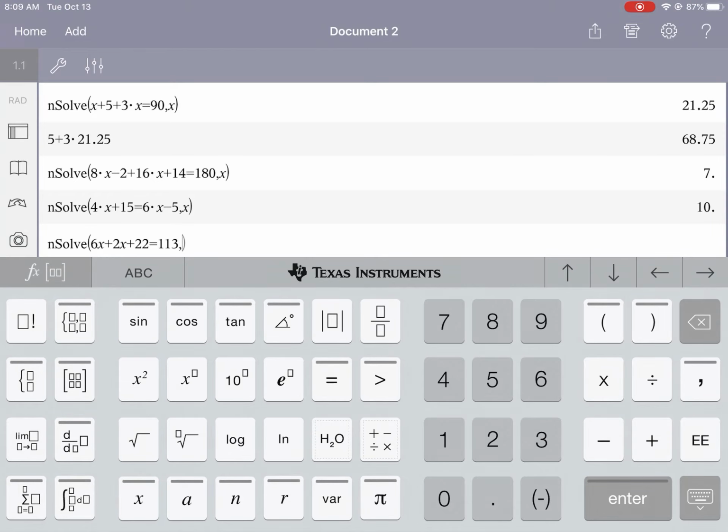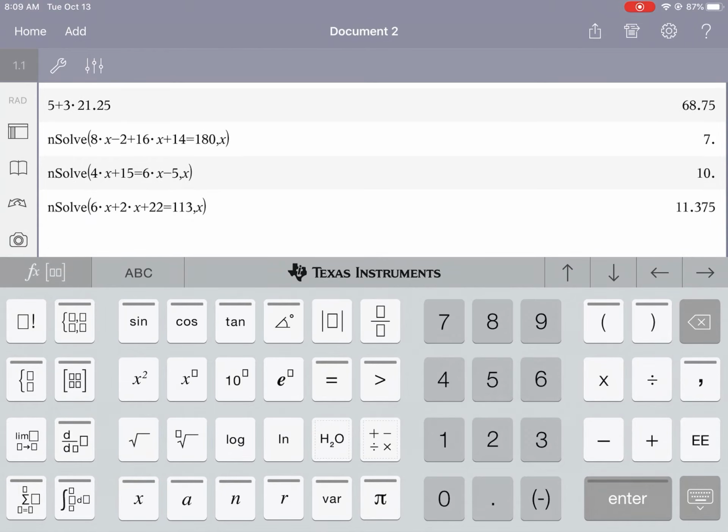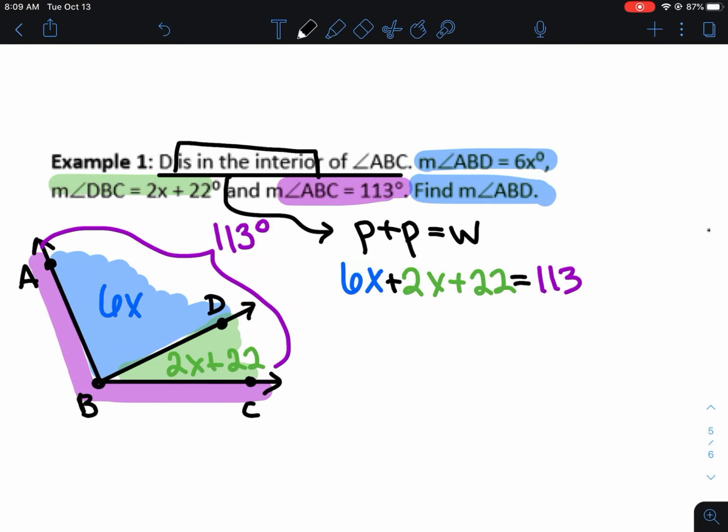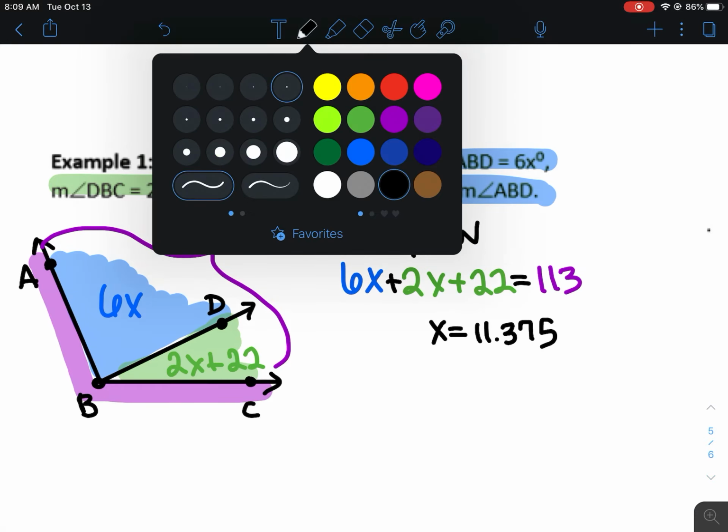And don't forget comma x. Hit enter, and we get 11.375. So that's going to be x equals 11.375. That seems like a very strange number to get, so let's plug it in to make sure we got it right.